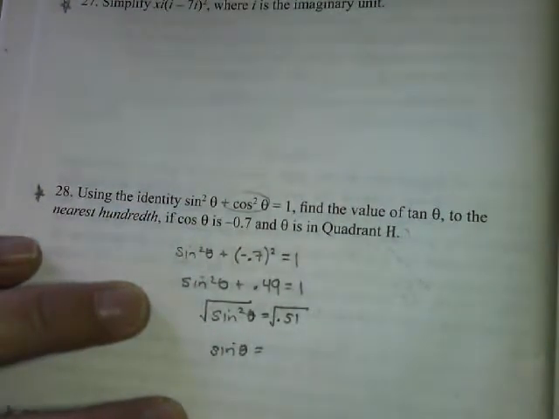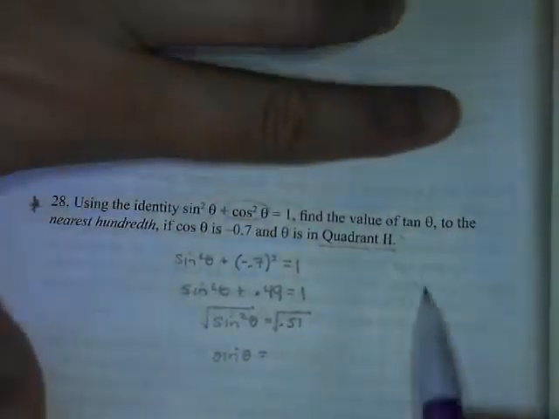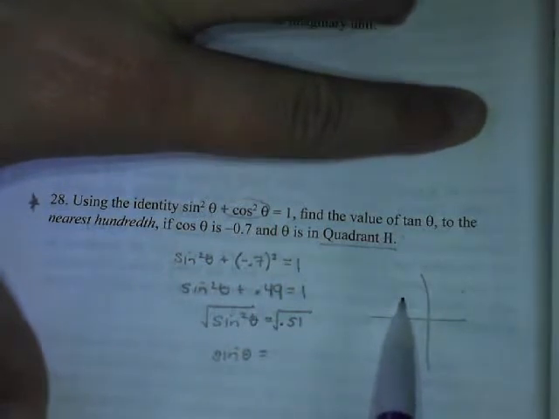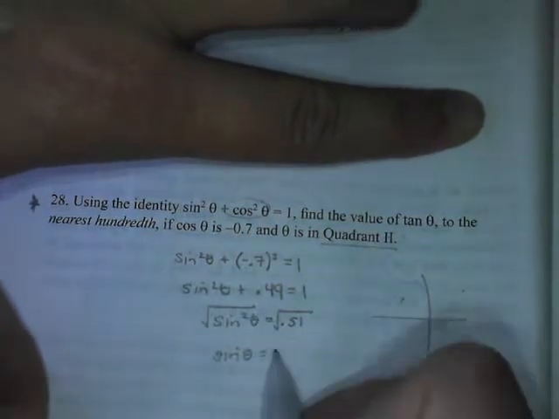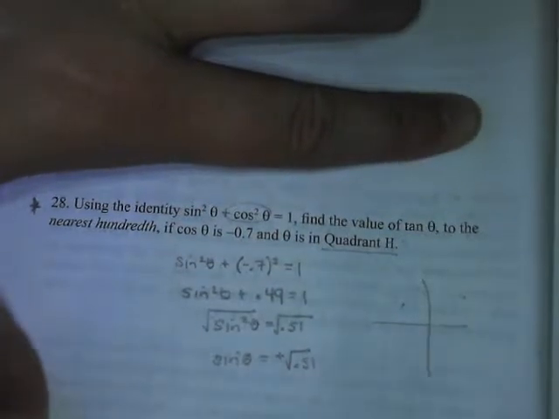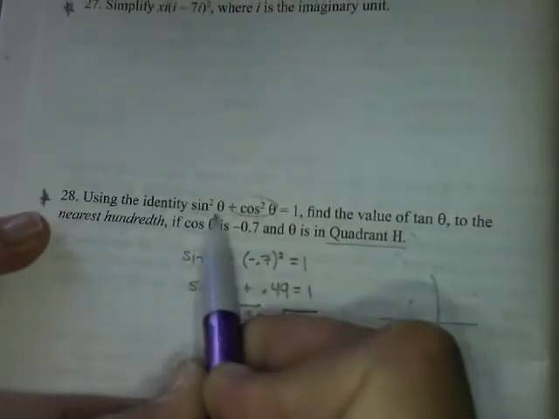But they tell us we're in quadrant 2, so you guys tell me, what is sine if you're in quadrant 2? Is it positive or negative? Positive. So we would stick with the positive root 0.51.